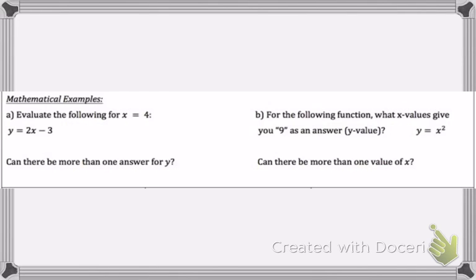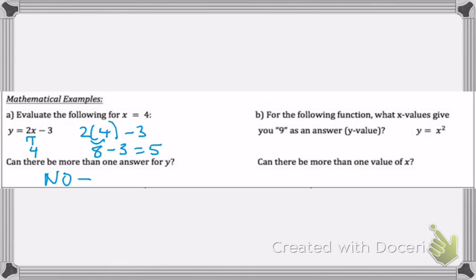Okay, so here's how it translates mathematically. So if we have evaluate the following for x equals 4, plug that in right there, and I have 2 times 4 minus 3. So this is going to be 8 minus 3, which is 5. Can there be more than one answer for y? Is there a different way to calculate that and get a different answer?